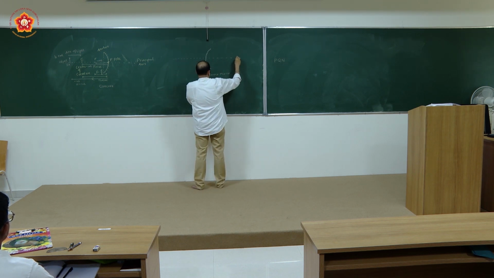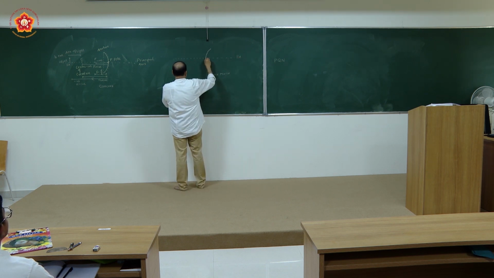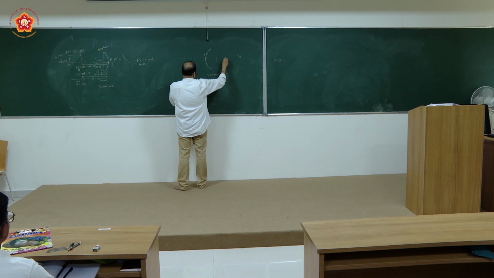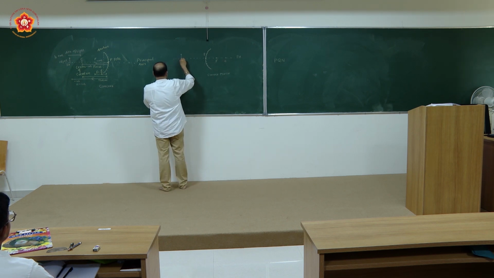This is representing the principal axis. The point here, we are calling it the pole. You will be having the focus at this particular point, and the center of curvature present here. Suppose the object is present here. This is the position of the object.